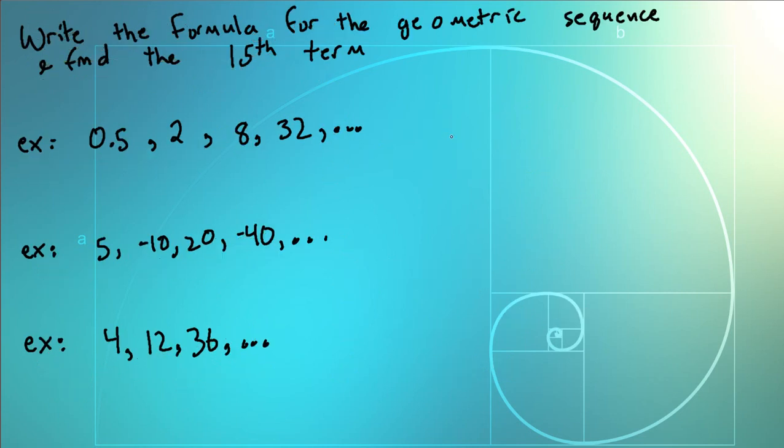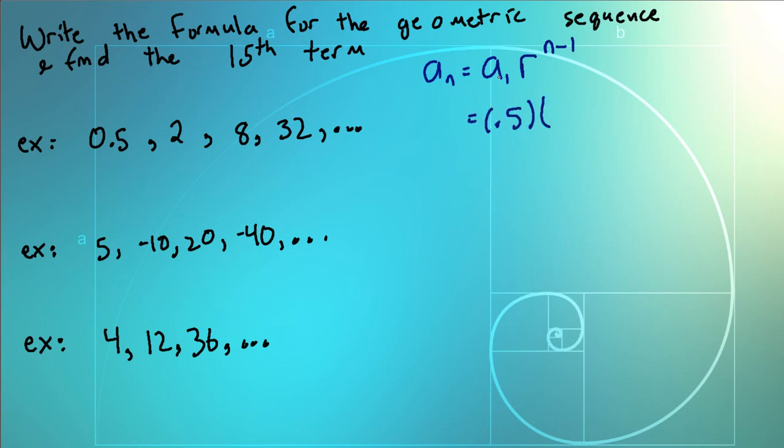The question asks to write the formula for the geometric sequence and find the 15th term. So in order to do our formula, which is a sub n equals a sub 1 times r, which is our common ratio, to the n minus 1, we need to know our first term, which in this case we do. It is 0.5.